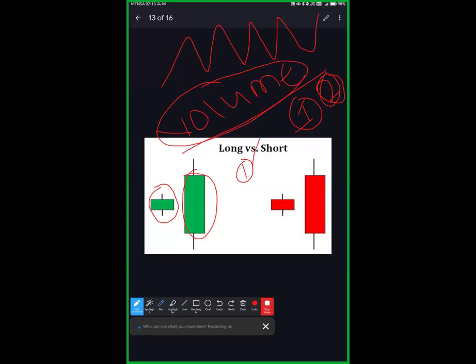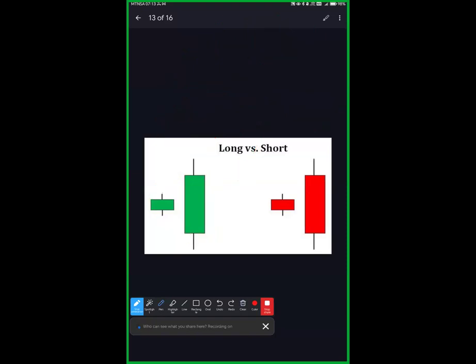So the structure of the candle tells you how much volume was in the market. When you see candles with long bodies like this, it tells you that there was strong buying pressure, if it is a green candle. Seems like I'm falling in love with red, always red pops out of my mouth.